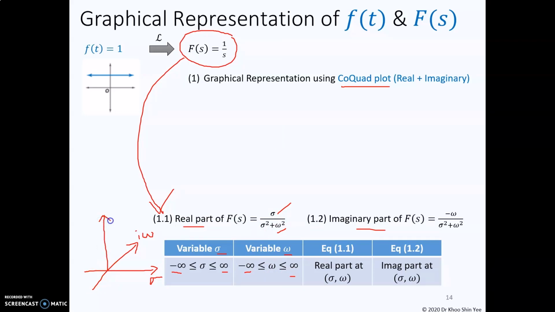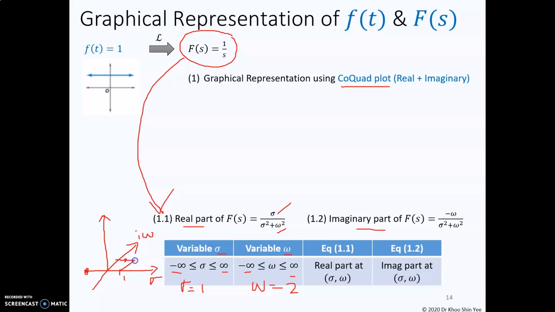For example, at this point, your omega is 0 and your sigma is 0. At this point, your sigma is negative and omega is 0. Let's say you choose sigma equal to 1, omega equal to 2. So sigma is here, this is 1, so omega equal to 2 is here.